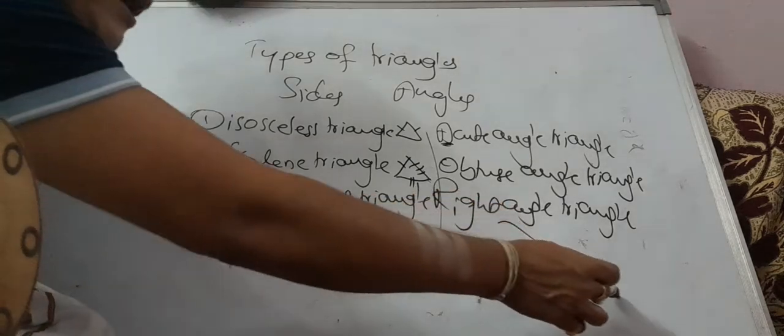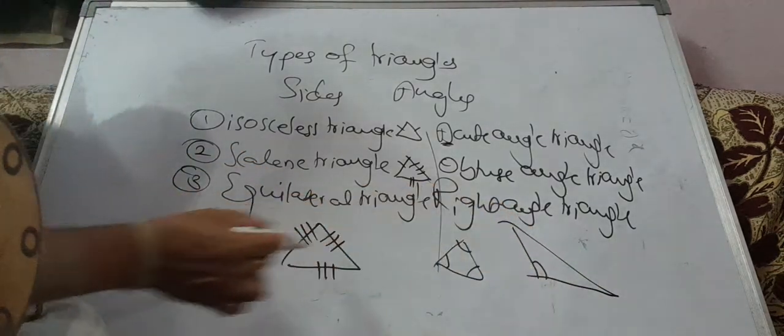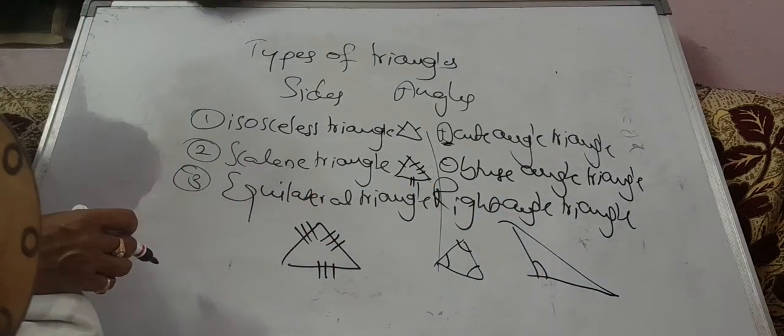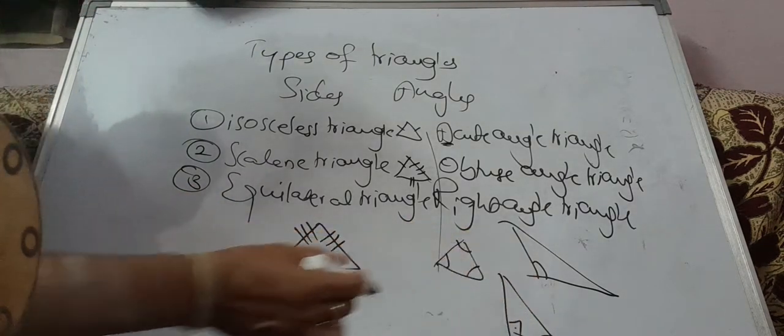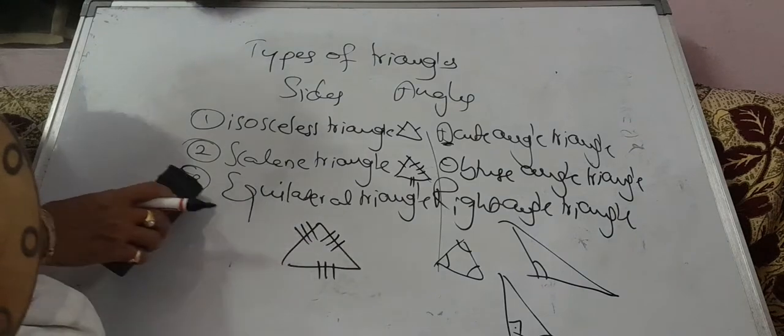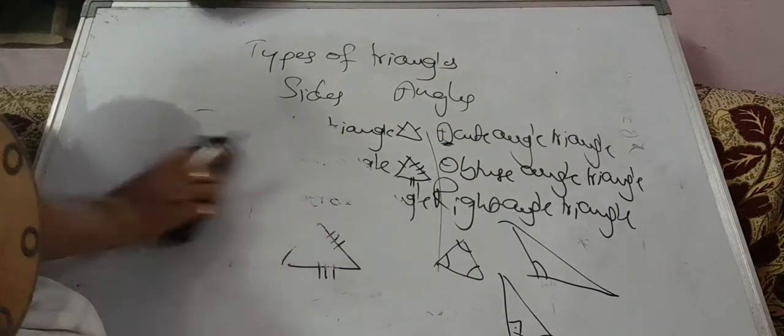If any one angle is an obtuse angle, a big angle, greater than 90 degrees, that is called obtuse angle triangle. If one angle is a right angle, that is called right angle triangle.